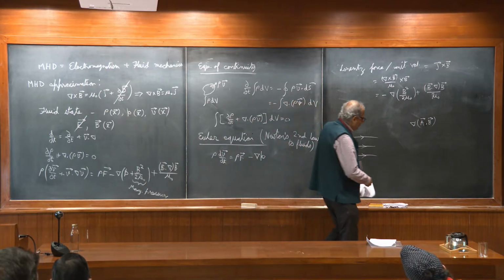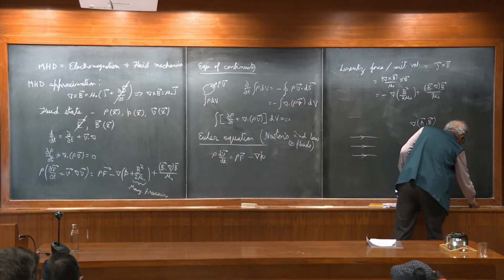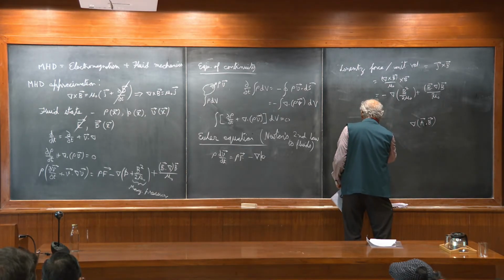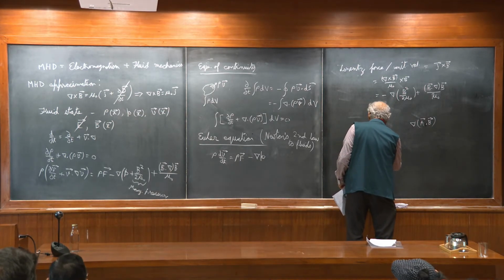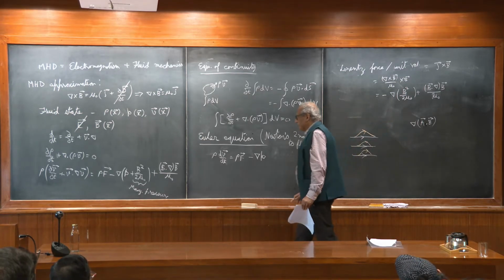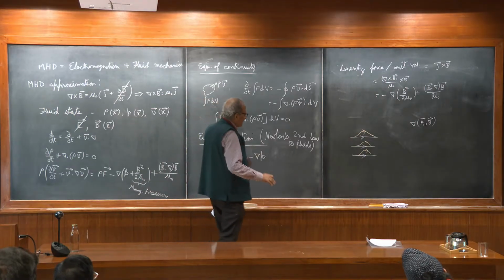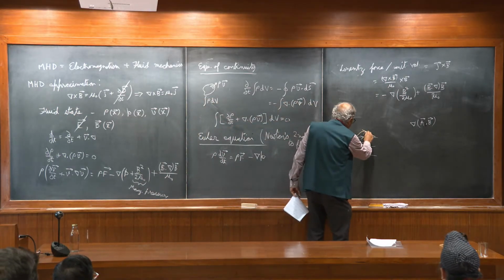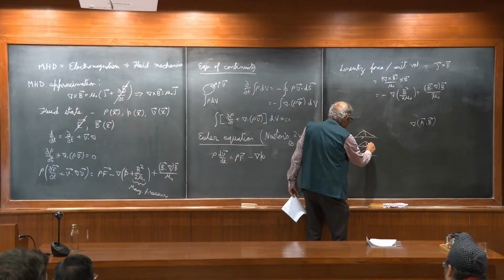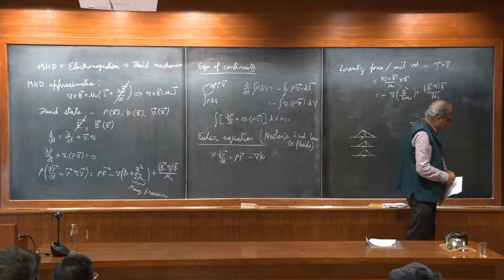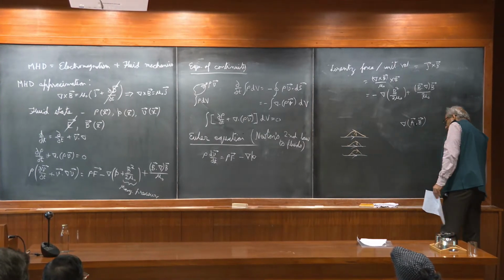Instead of a uniform magnetic field, if you have a magnetic field which is bent like this, in some regions it's bent like this, then you can show that in that situation this term will be non-zero, and this term will have such a direction that it will again try to pull down this bend. So it will try to make the magnetic field line straight again, and that is the nature of tension.